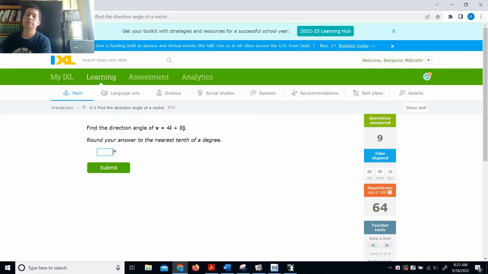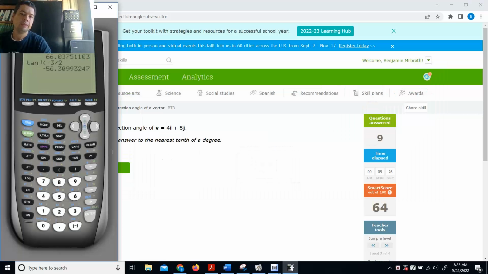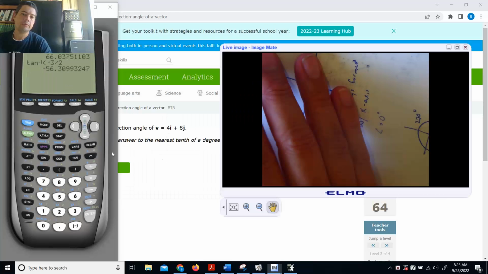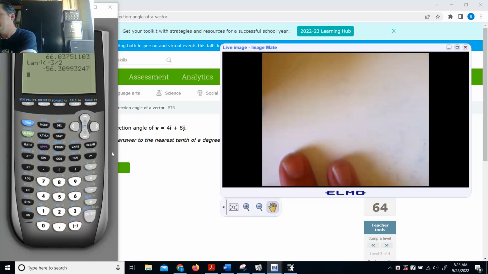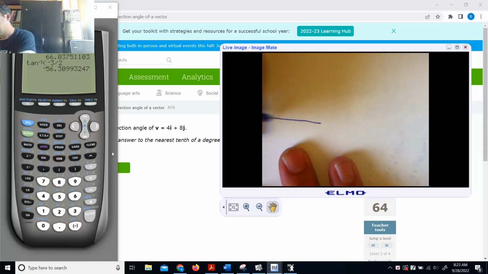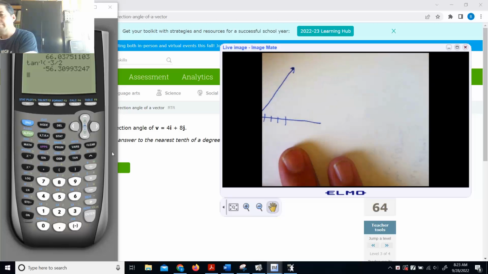I like angles in quadrant 1 because when angles are in quadrant 1, you can always trust what your TI-84 says. Always. This is 4I plus 8J. To the right 4. I was kind of hoping they would use some special triangles in here, but they haven't. That's what the vector looks like.